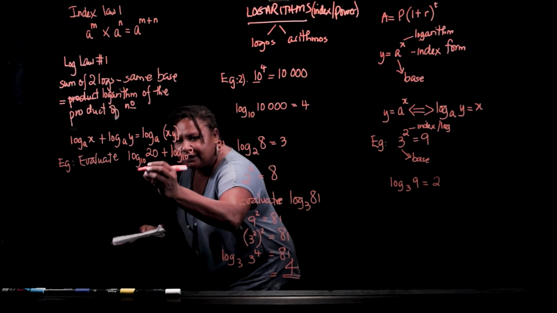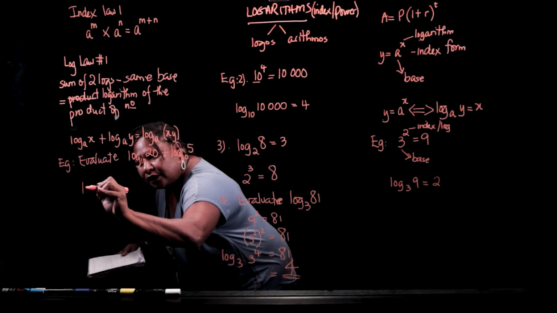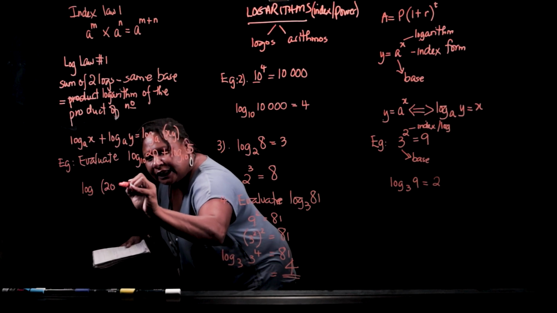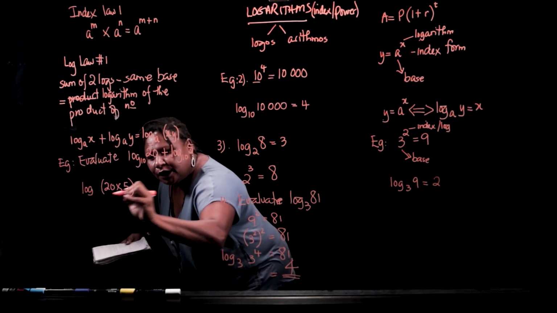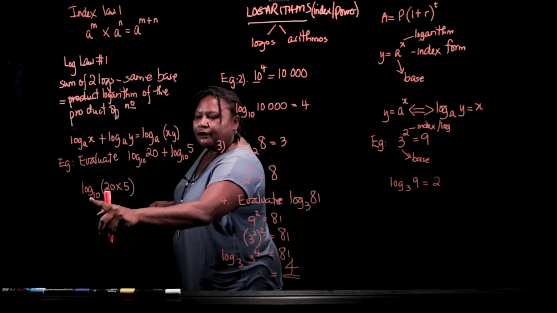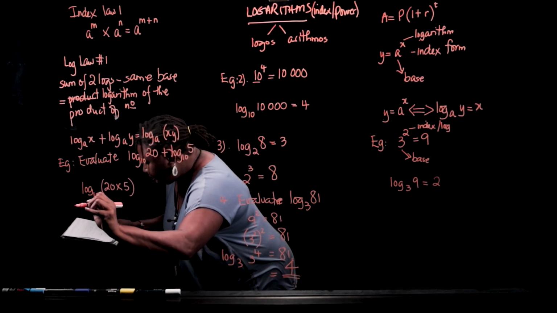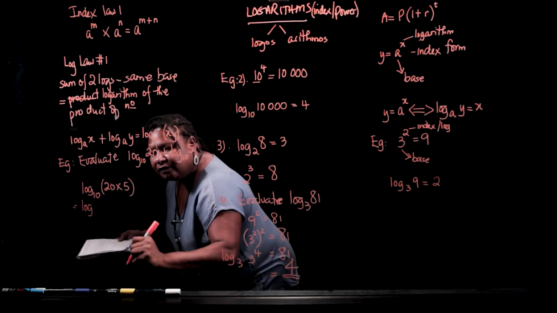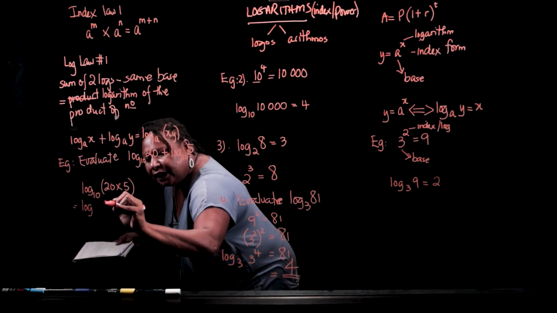So log, in brackets, 20 times 5 to base 10. Then 20 times 5 is 100.